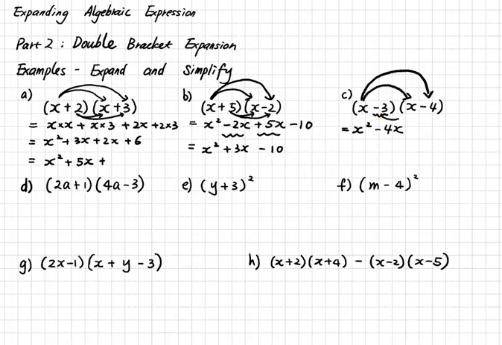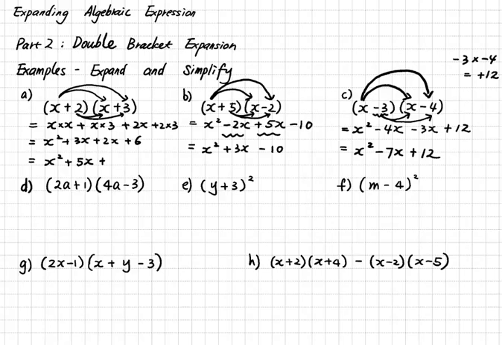So negative 3 times by x will be negative 3x, and you have negative 3 times by negative 4. Negative times negative is positive, so it's positive 12, so you do plus 12. So therefore, the final answer should be x squared minus 7x plus 12, because negative 4 and negative 3 give negative 7.